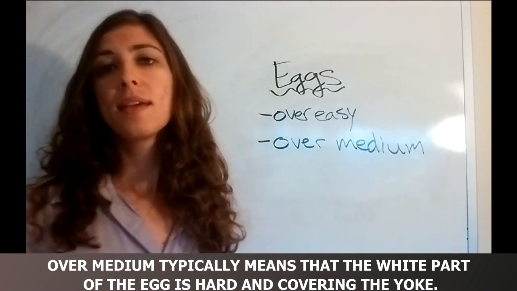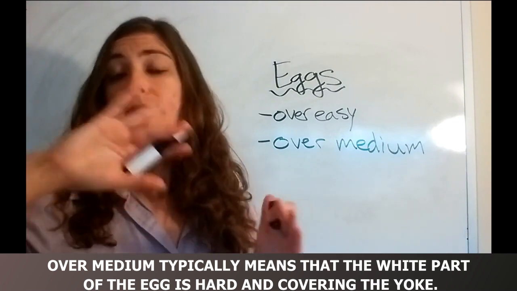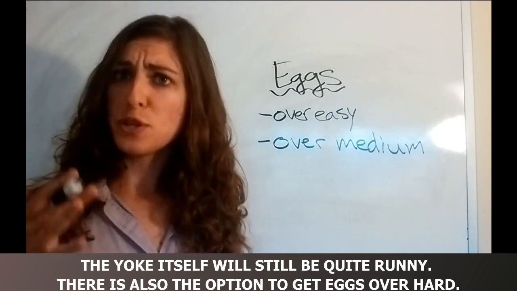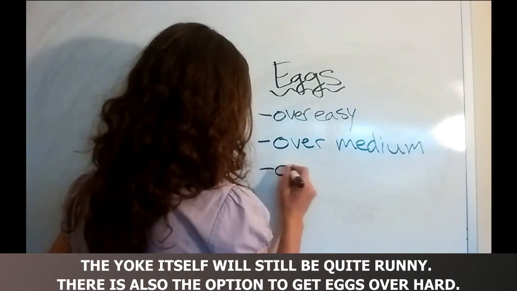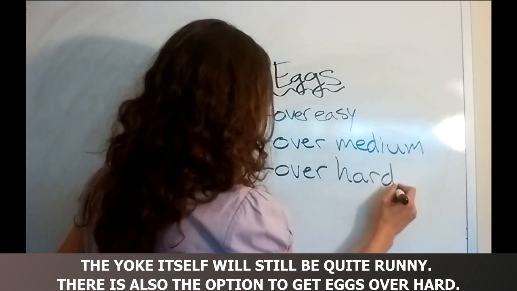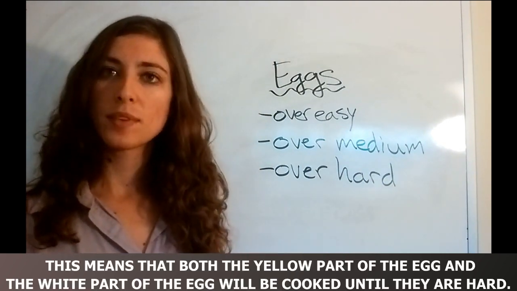Over medium typically means that the white part of the egg is hard and covering the yolk. The yolk itself will still be quite runny. There's also the option to get eggs over hard.